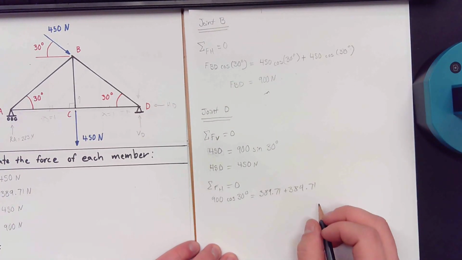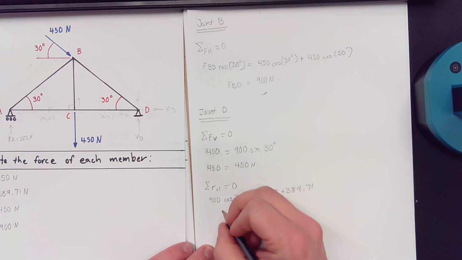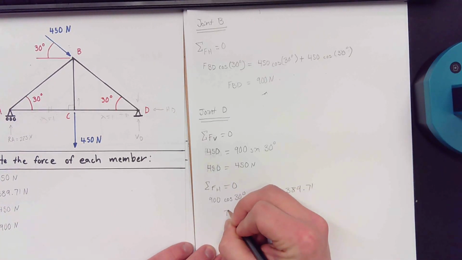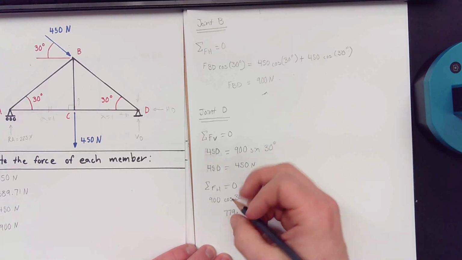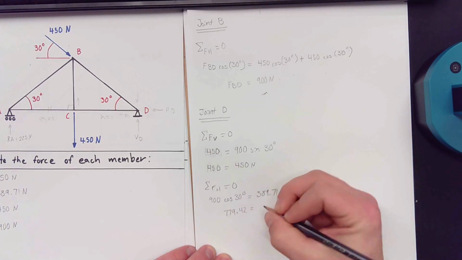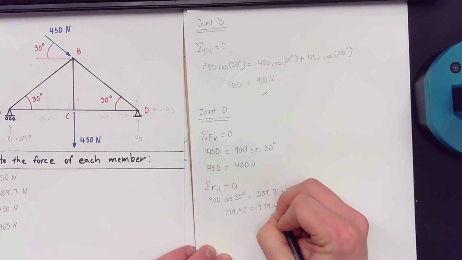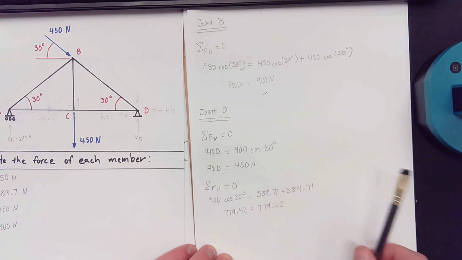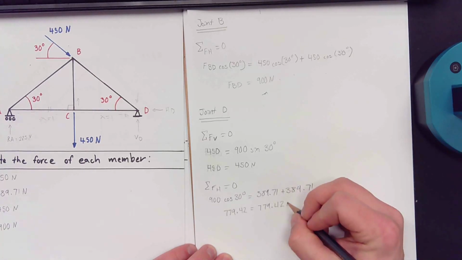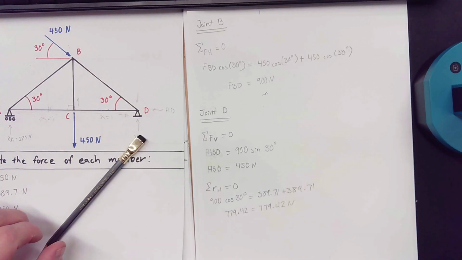So we need to add those together, which we have, if we do 900 cosine 30, it's going to equal 779.42. So they all equal each other. Perfect. That's what we want. Everything equals 0.